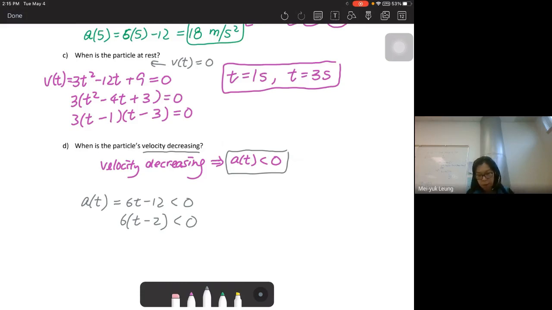Okay, but think about it, time cannot be a negative number. So we have to bound the time at the lower bound of 0, but up to 2 seconds. Okay, so t must be between 0 seconds and 2 seconds so that the acceleration would be negative. That makes sense?